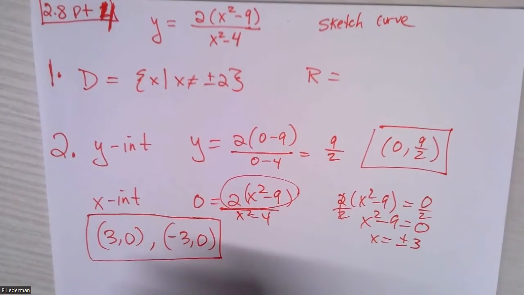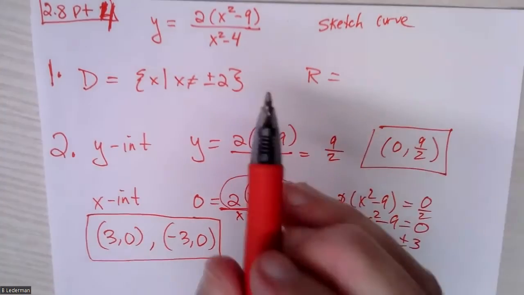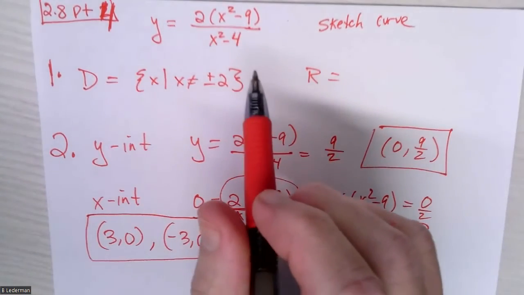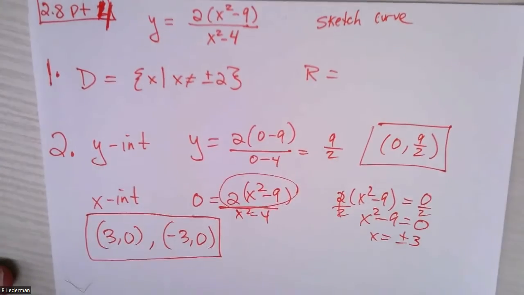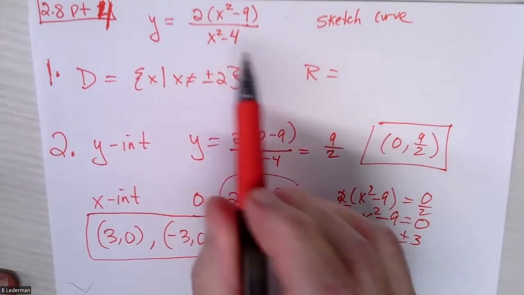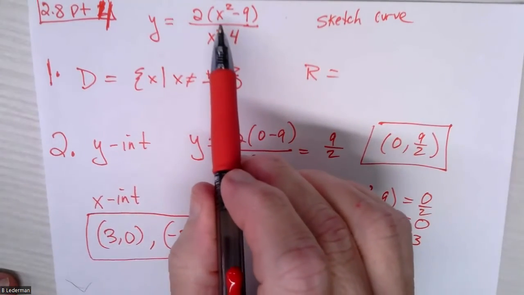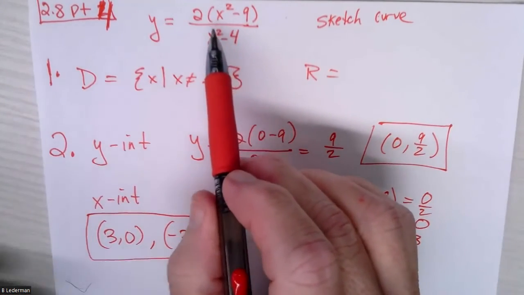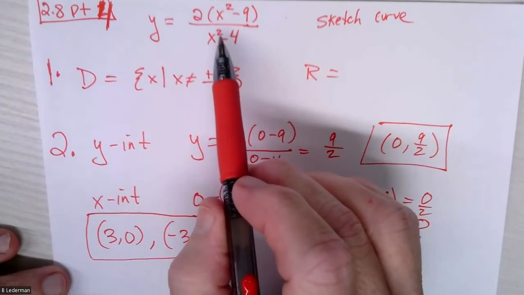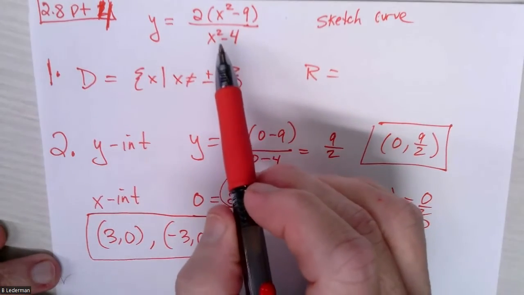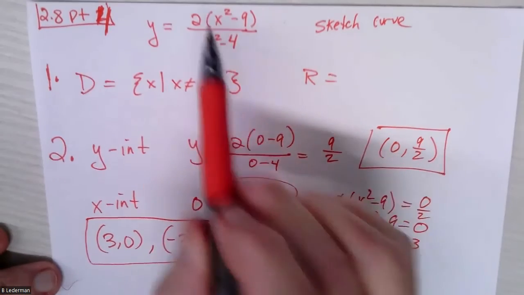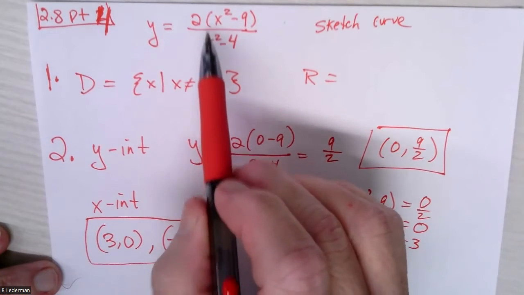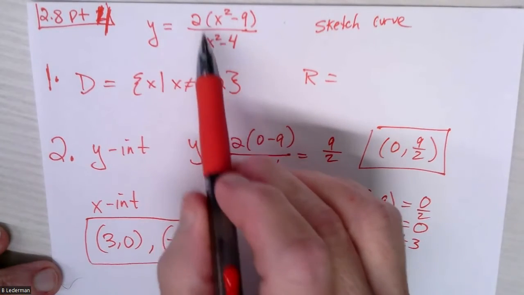Now, the next thing I want is just my asymptotes. The asymptotes are going to be very straightforward. I'm going to say it, then I'm going to write it. For the horizontal asymptote, since we have a second degree polynomial on both top and bottom, the asymptote is just the lead coefficient divided by that lead coefficient, so it's 2 over 1.